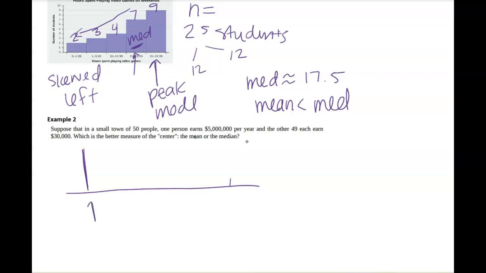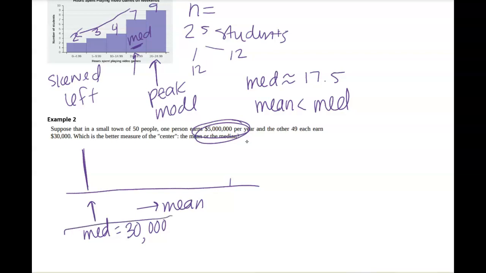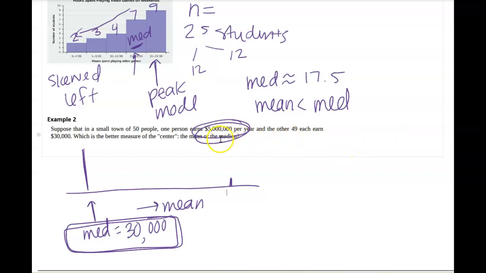Well, your median is going to be around 30,000. But this one person that makes $5 million is going to pull the mean that way. So if you want to say what the typical person in this town makes, you probably should report the median because the mean is going to get skewed to the right because of that one person earning $5 million.